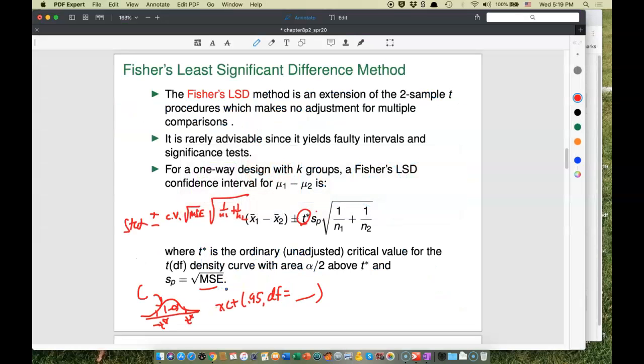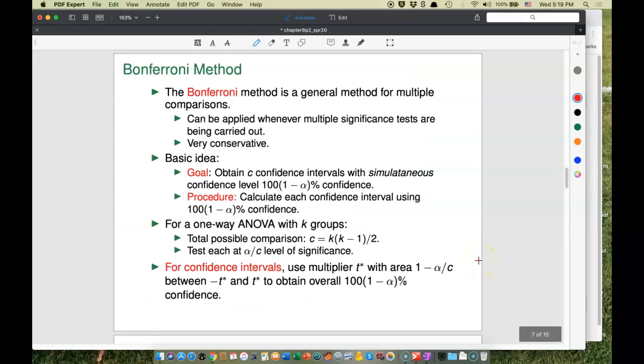Now let's go back to our setup here and move on to the next method. The Bonferroni method is really a general method for multiple comparisons. It's trying to explicitly adjust the overall comparison rate, either by tweaking your confidence level or tweaking the alpha level, to account for the fact that you're making lots of comparisons.